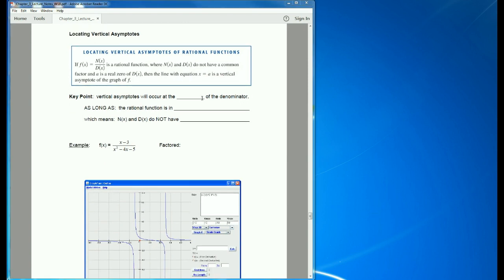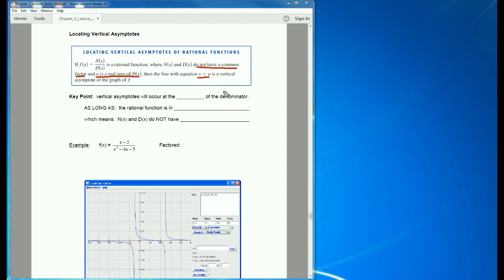Okay, so let's talk now about how we actually locate these vertical asymptotes on the graph. So again, we've got a rational function n of x divided by d of x, where n of x and d of x do not have a common factor, and we'll talk about that specifically. And if x equals a is a real zero of the denominator, then the line with the equation x equals a is a vertical asymptote of the graph.